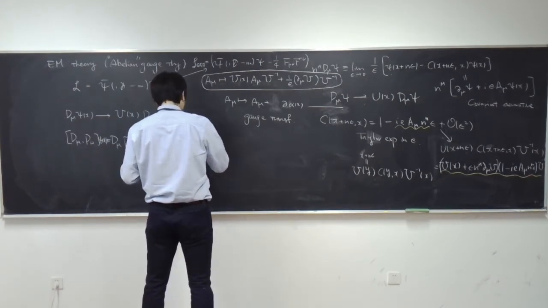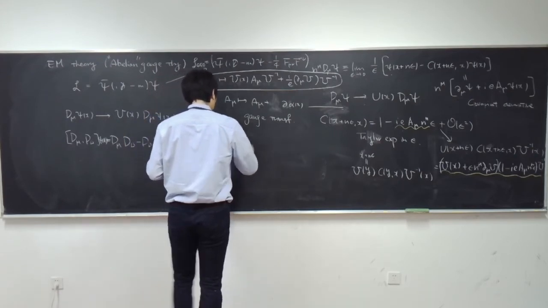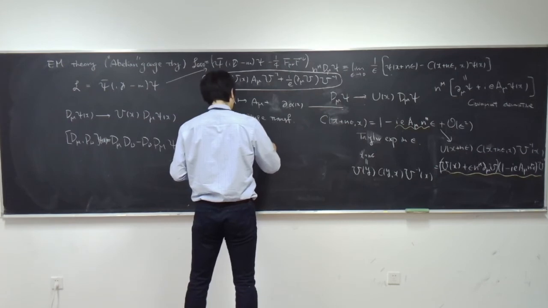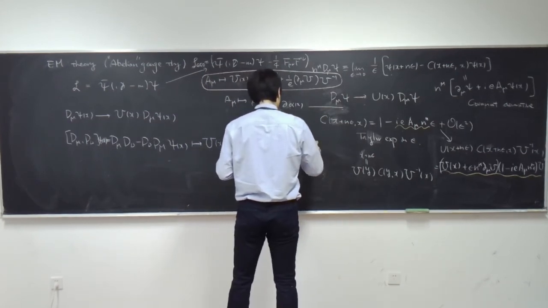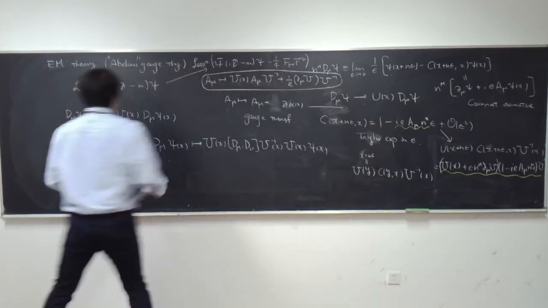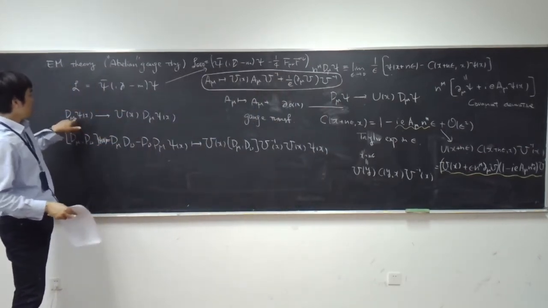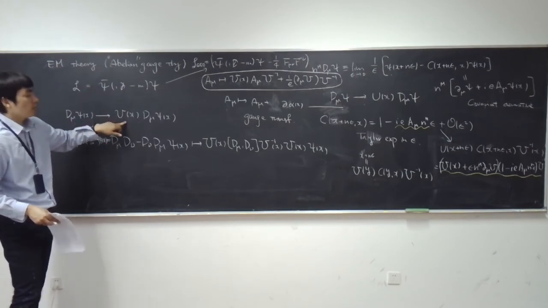So U of x, I just insert, since the d mu of psi is just transformed, you just apply U, right?